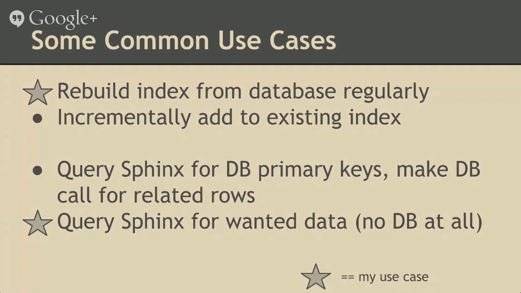For searching, I mentioned before, since it can talk the same protocol as MySQL, a lot of times what people will do is run a search, and they'll take the IDs that get returned, and those IDs will be primary keys in the actual, say, MySQL database.